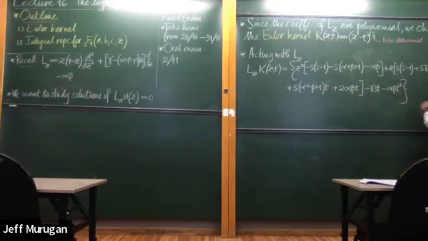All of that multiplies the common factor that I'm pulling out, Z minus T to the S minus 2.